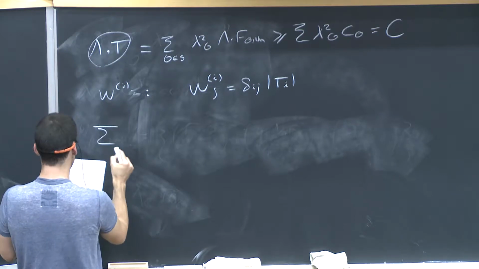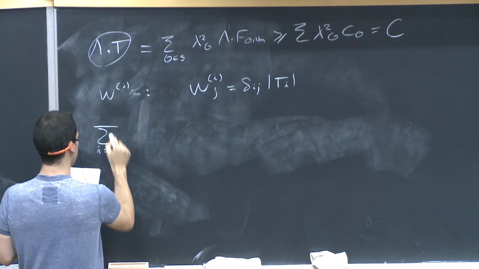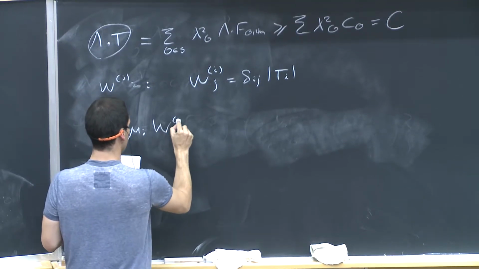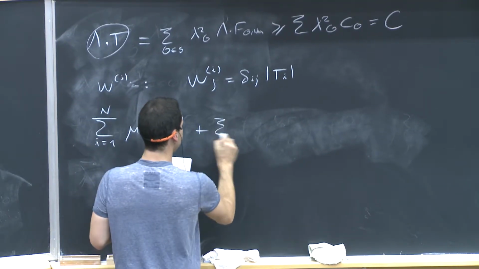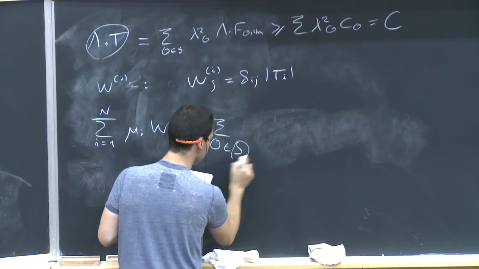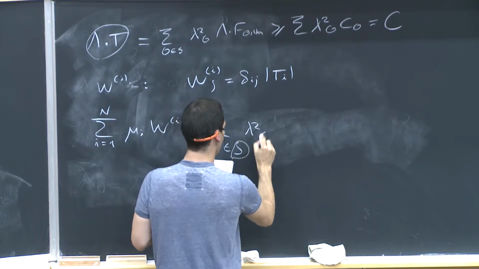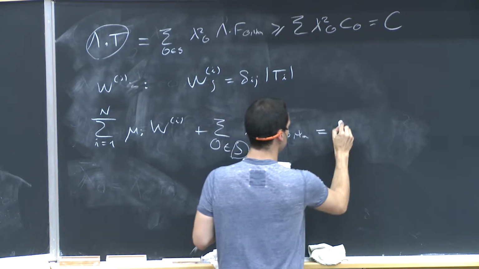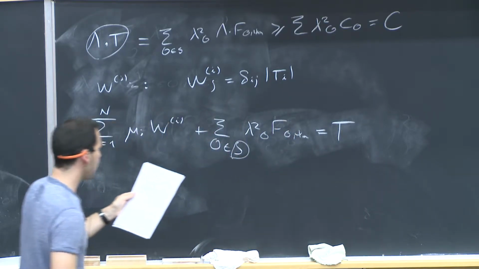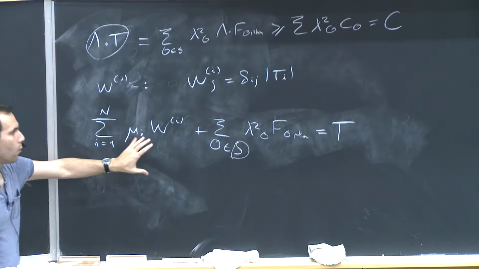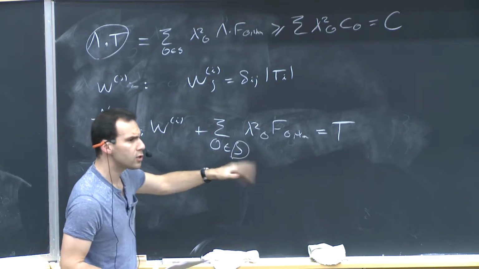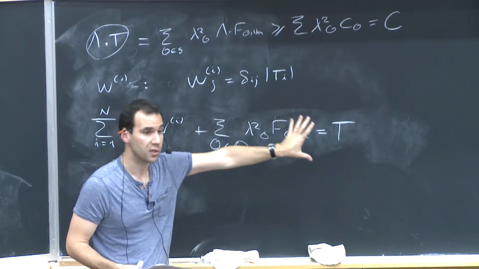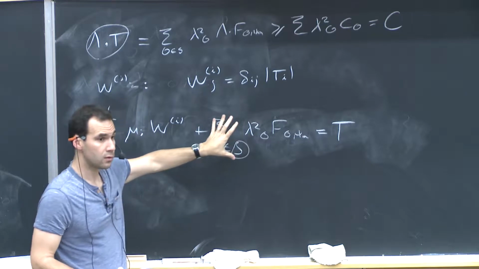Then we write the sum rule as the sum i from 1 to n, mu_i w_i, plus the sum of the operators in some set, lambda squared O, f_O, and this must be equal to the target. Okay? These are positive coefficients. So I've excluded all operators outside some set S. I want to check if solutions to crossing exist using only those vectors.